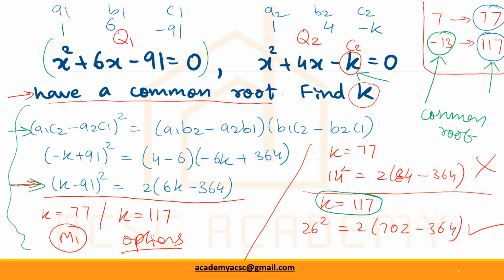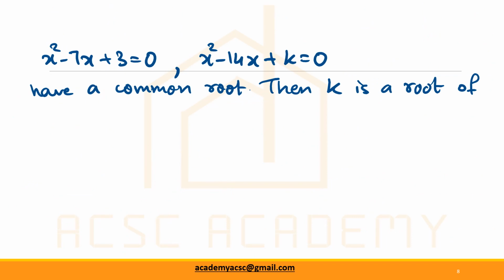Let us also have a look at one more problem. The problem is similar but somewhat easier than the last one. We are having the same two quadratic equations in which C2 has been substituted with K, and we need to find out K is a root of dash, which means we do not have to find the actual value of K. We just need to return an expression for which K will be the root, which means in the same way that in the previous question we had got K minus 91 squared equal to 2 times of 6K minus 364, something like this.